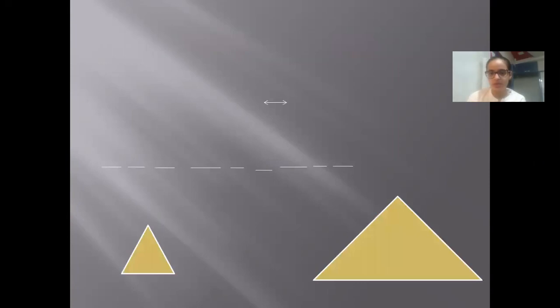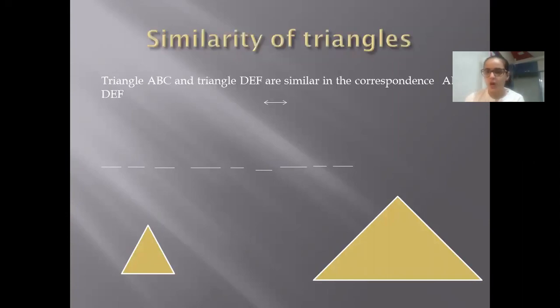Yes, so let us go ahead now about how we can have similarity of triangles. Okay, triangle ABC and triangle DEF are given. The small triangle which you see is triangle ABC, and the bigger triangle which you see is known as triangle DEF.